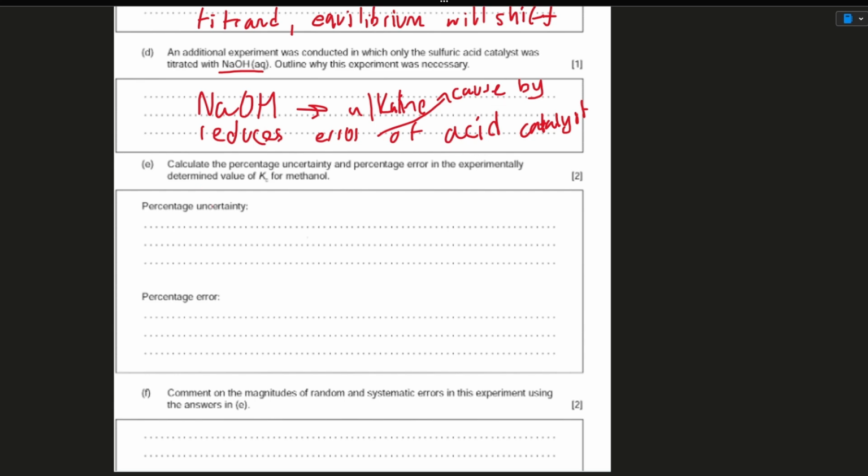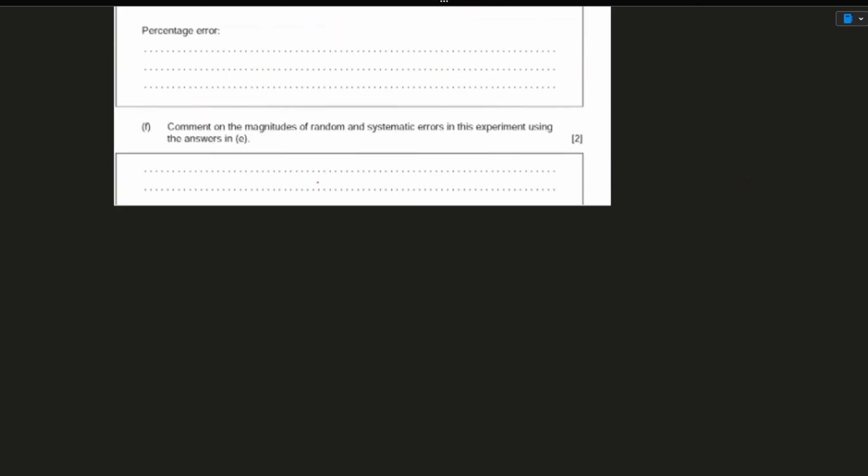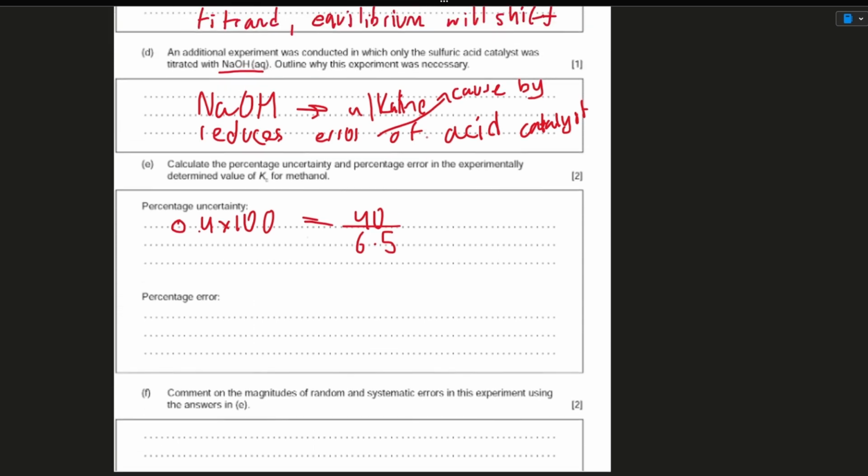So right here for percentage uncertainty, we can take methanol, so we'll ignore everything else but methanol. And we can see that the error of the measured value was 0.4, and we can times that by 100 because we're dealing with percentages, which gives us 40, and divide that by the measured value, which gives us the uncertainty of the range in which it lies.